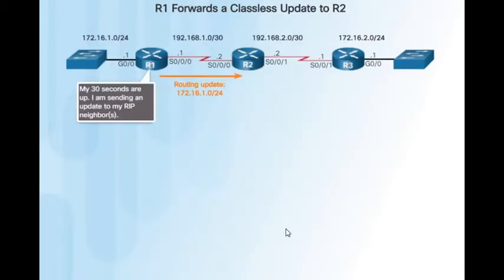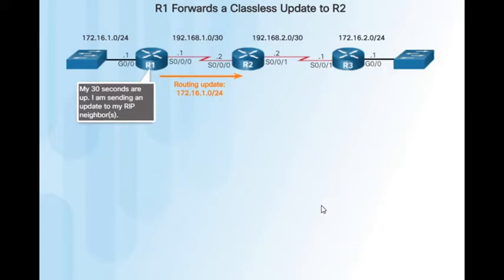Now let's take a look at what if we're going to run classless. So let's take a look at the difference. Now, in fact, when you talk about classless routing protocols, particularly in modern networks, they no longer use classful type of IP addressing. So I just showed you a previous example on how old networks work.